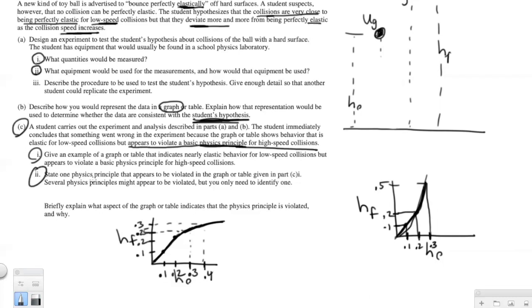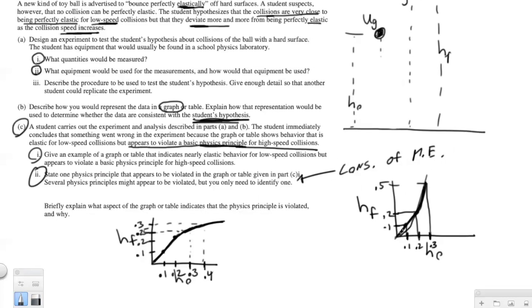Okay, state one physics principle that appears to be violated in the graph. Easy: conservation of mechanical energy is being violated here. Briefly explain what aspect of the graph indicates that the physics principle is violated.